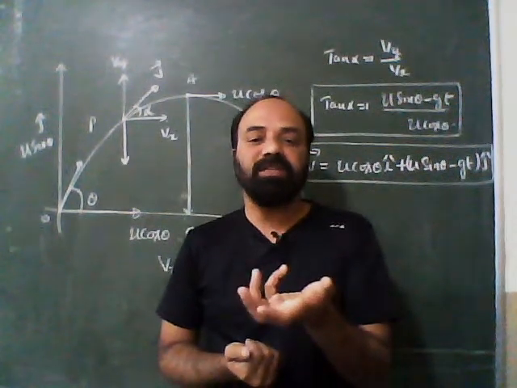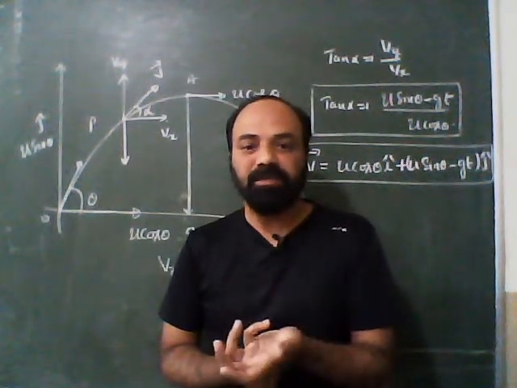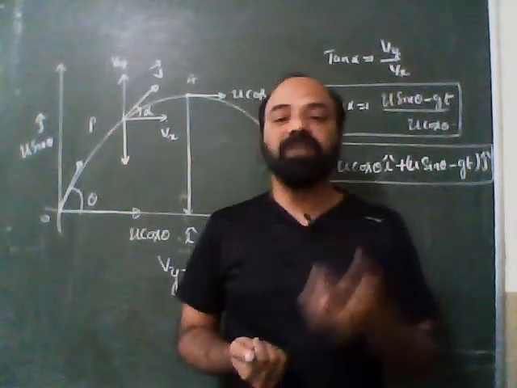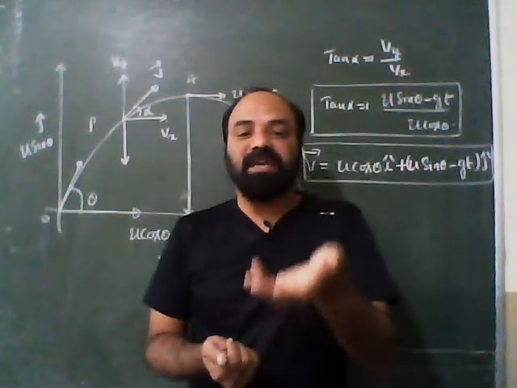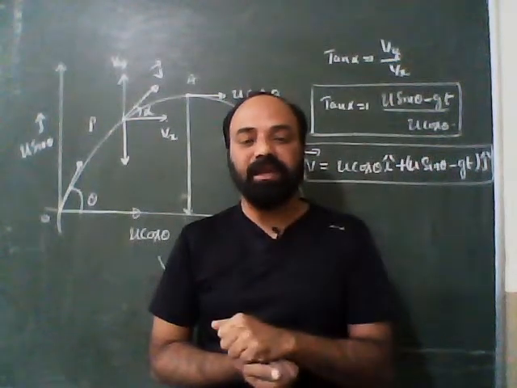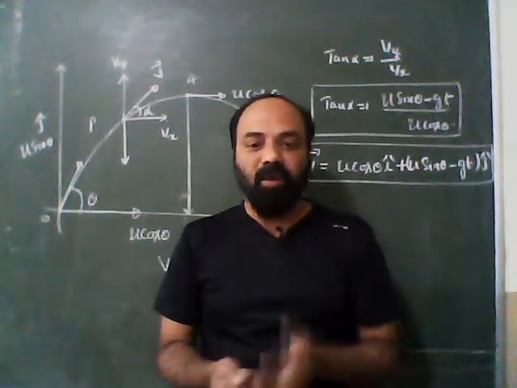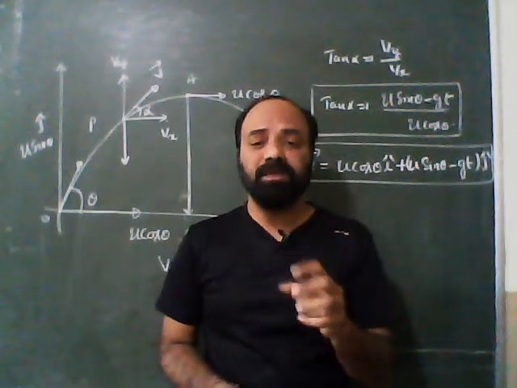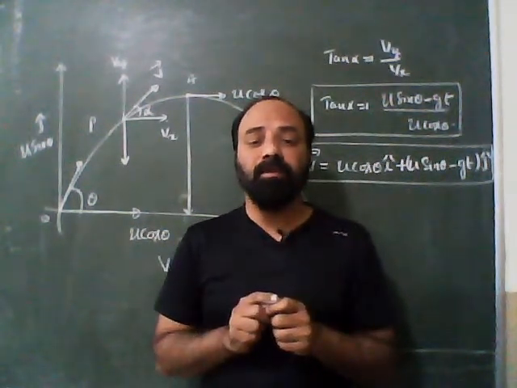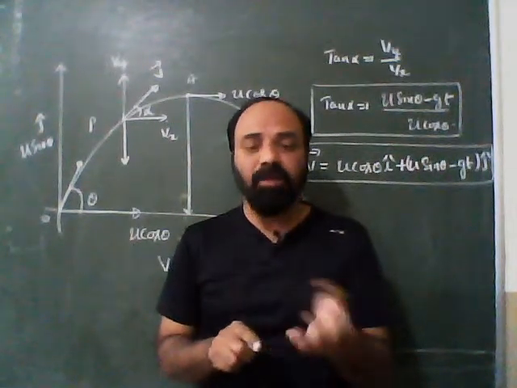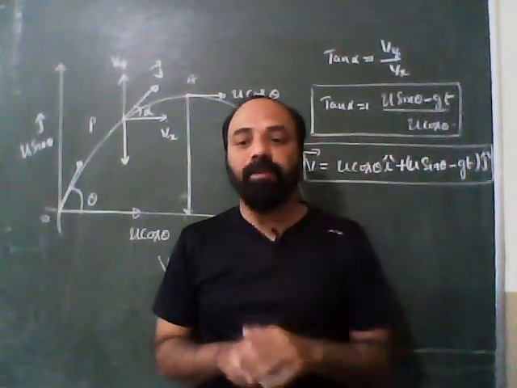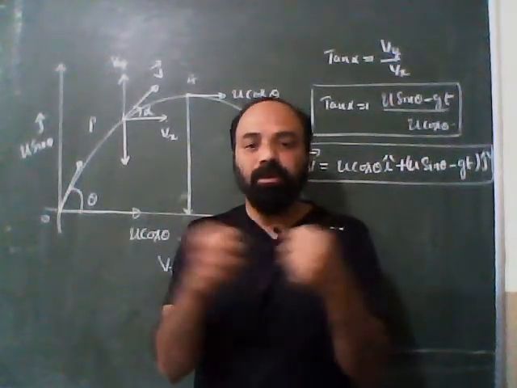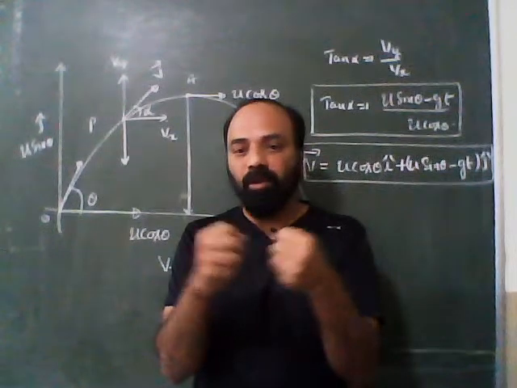Kinetic energy means the energy gained by the body because of its motion or its velocity. When the velocity of the body increases, kinetic energy increases. Potential energy means the energy gained by the body because of its position, its height, or its configuration. Configuration means how strong the bonding between the molecules is.